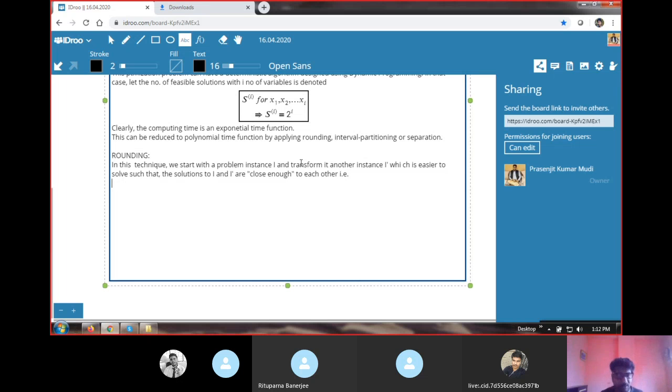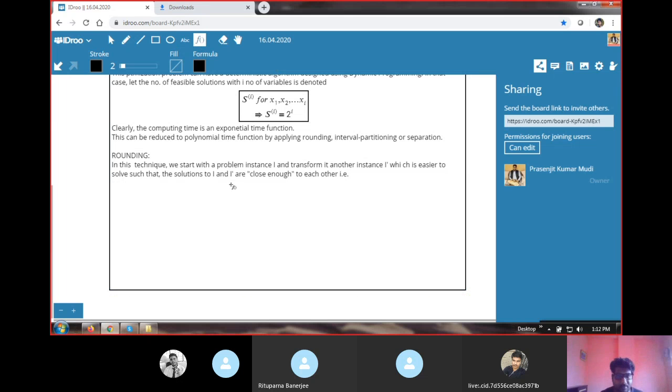Close enough means what? Here we have the mathematical formula: f star of I minus f dash of I.